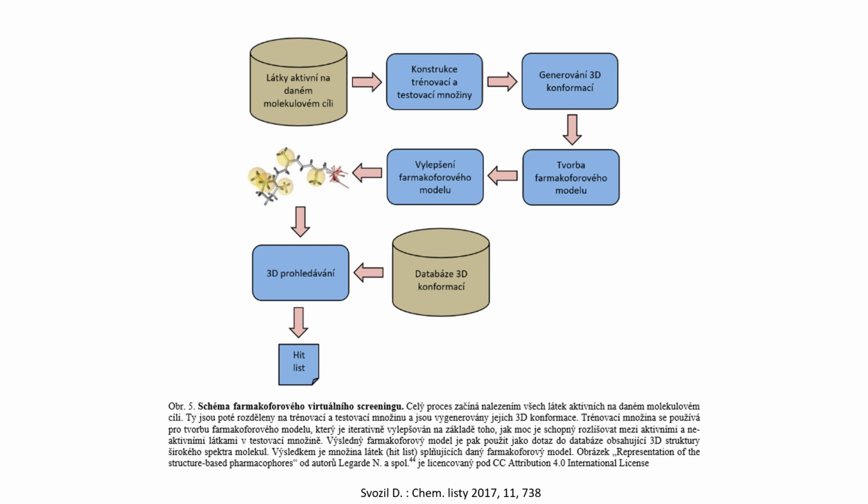I'm sorry, the slide is in Czech, but I will elucidate. So in the starting set, we have compounds that showed some activity on a specific target. We can train this set of molecules, constructed as a database.